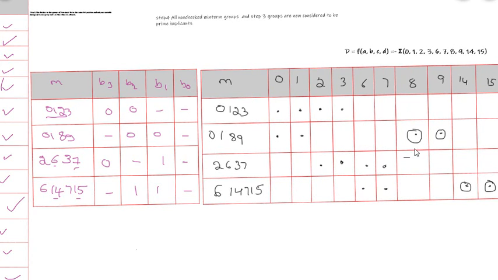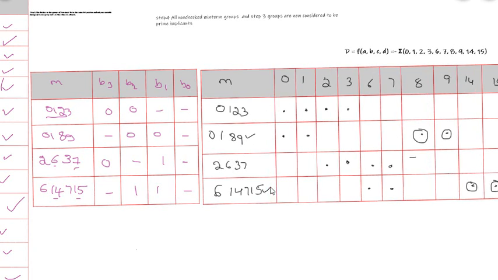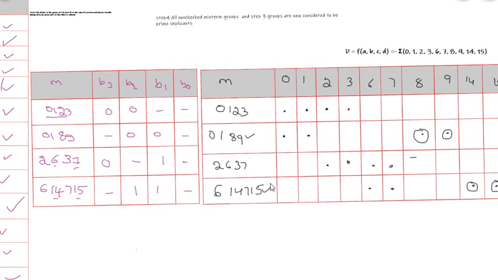We make a circle where only one mark is present in the column. In 0, 1, 8, 9, 8 and 9 are not present in any other group, so we can take this portion. Again 6, 14 and 7, 15 we can take. These two we call essential prime implicants, meaning they are not covered anywhere else. So 0, 1, 8, 9 is one essential prime implicant, and another one is 6, 14 and 7, 15.